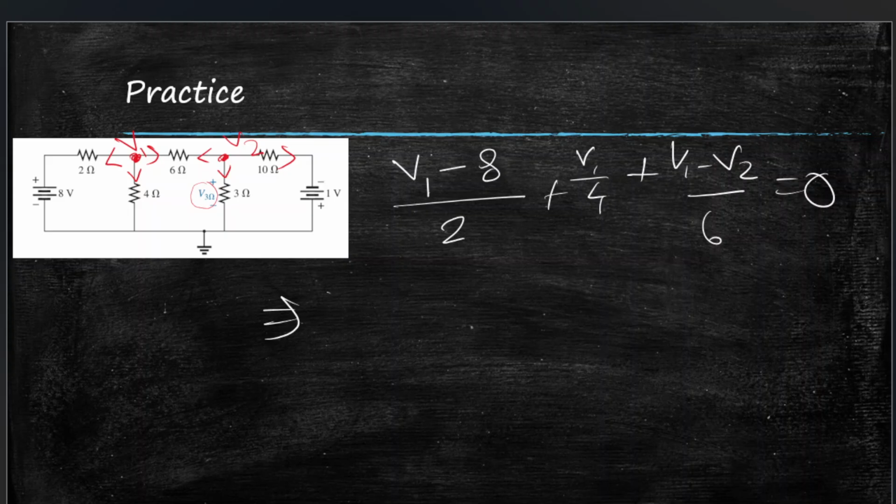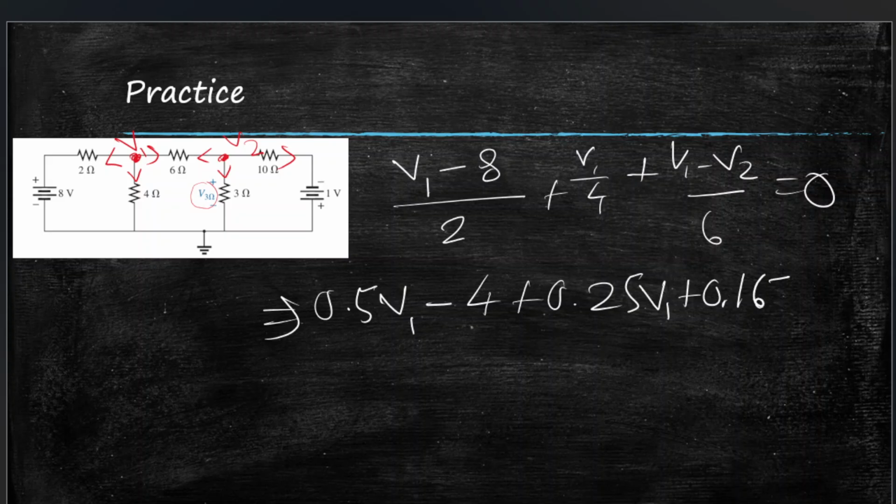So V1 over 2, 0.5 V1 minus 8 over 2, so 4, plus V1 over 4, so 0.25 V1, then V1 over 6, what is 1 over 6 again? 1 over 6, so plus 0.167 V1, then minus 0.167 V2 is equal to 0.